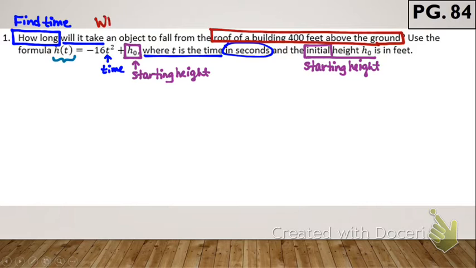So when will it hit the ground? Is another way of phrasing this question. All right? What would the initial height of our falling object be? 400.